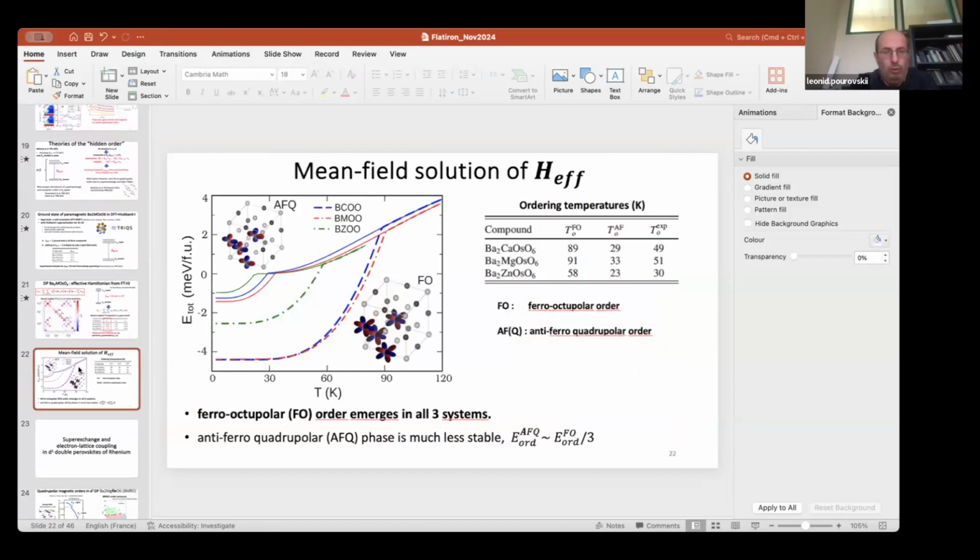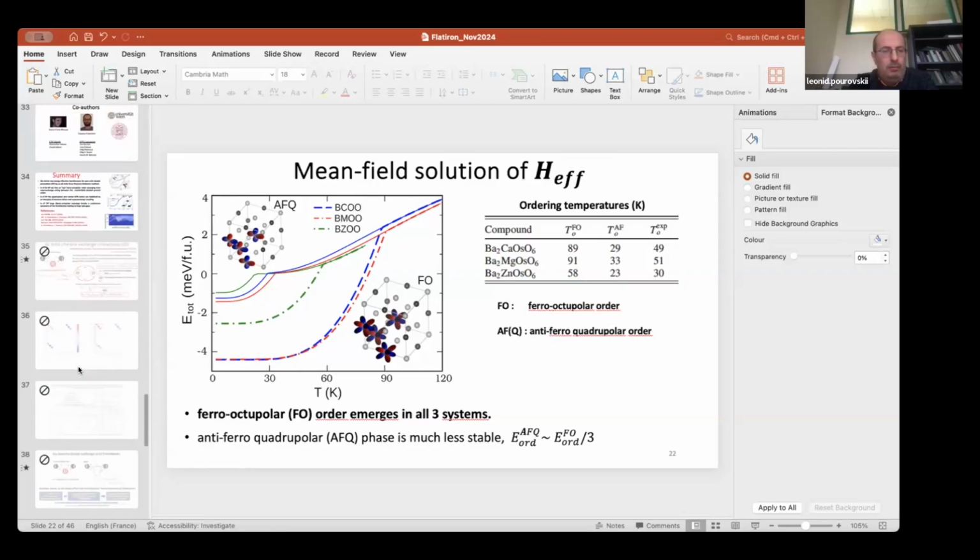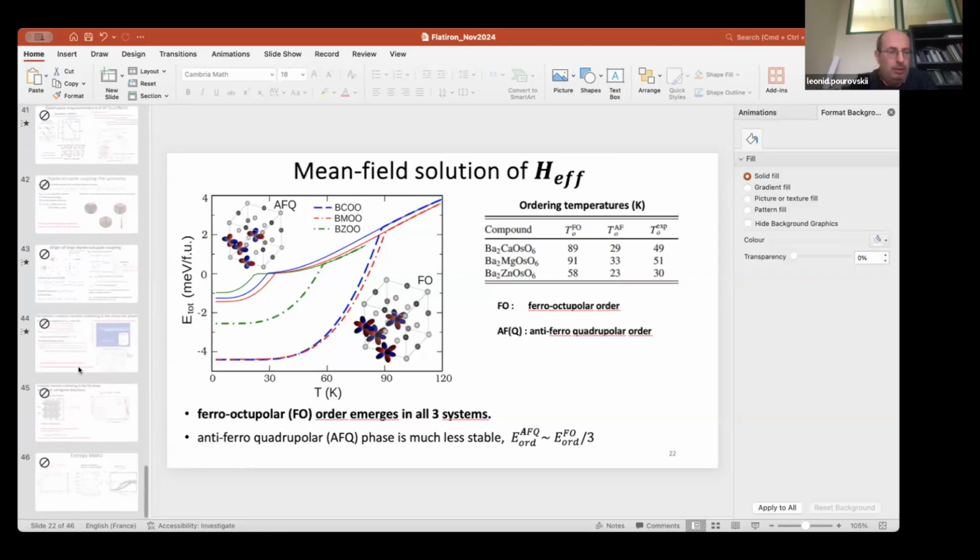Okay, so for D2, the fact that there is this ferroctopolar phase explains the absence of detectable lattice distortions and the presence of magnetic density, which is detected by muon scattering. At the same time, we still have a problem. I didn't show these slides because of the lack of time.